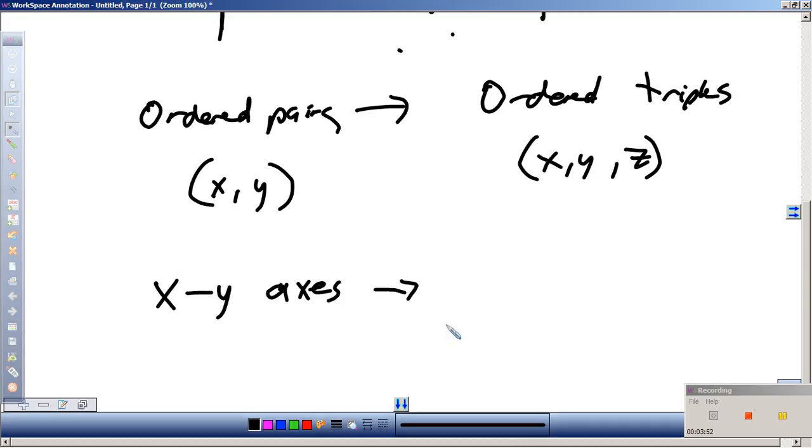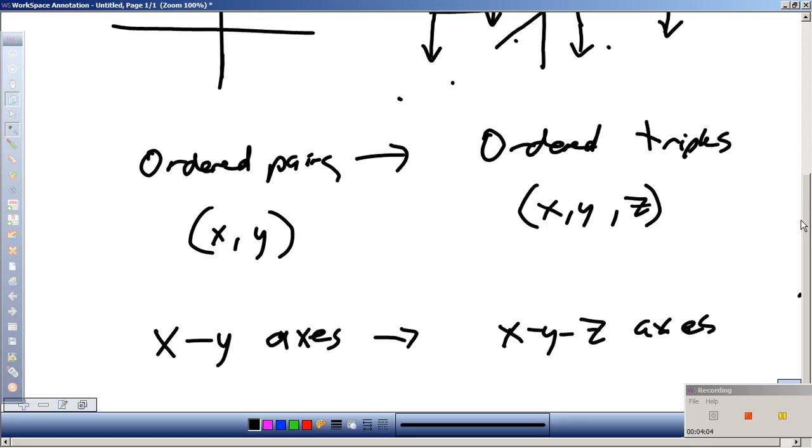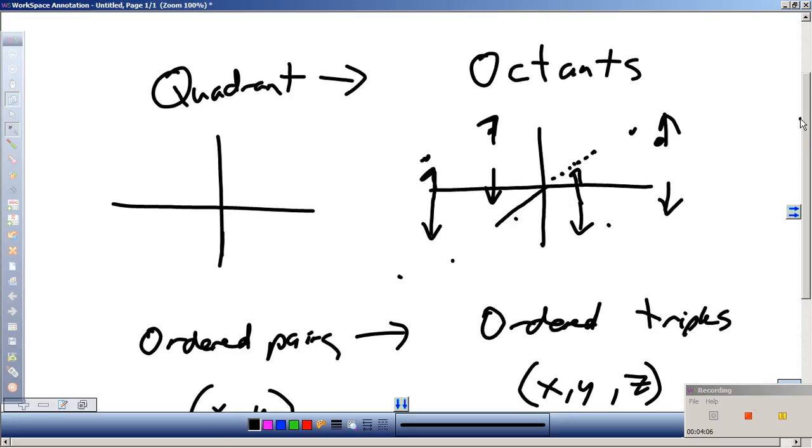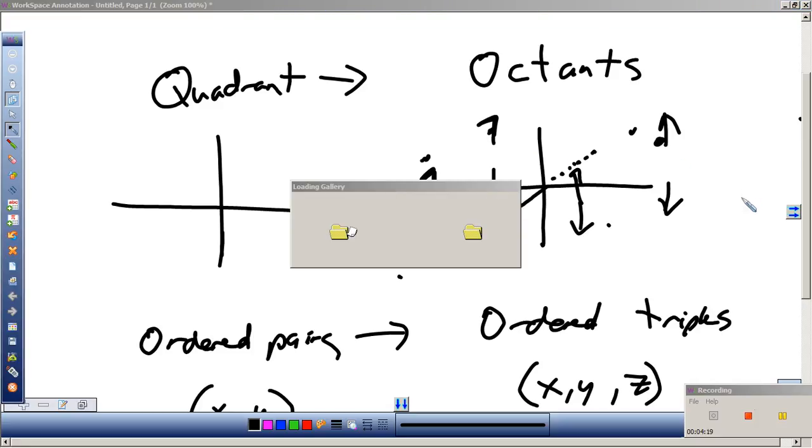Instead of just xy axes, we get the x, y, and z axes. Can you go up? Yes, I can. So, graphing it, one of the goals when you're doing graphing in 3D is to make it look 3D. And that's the complication. So, I'm going to pull up some graph paper on here.